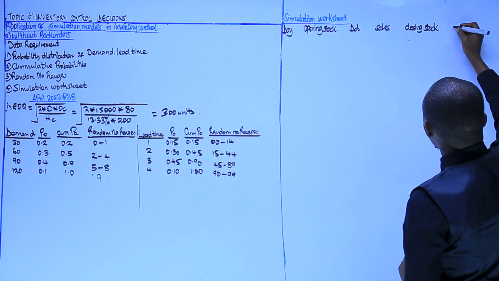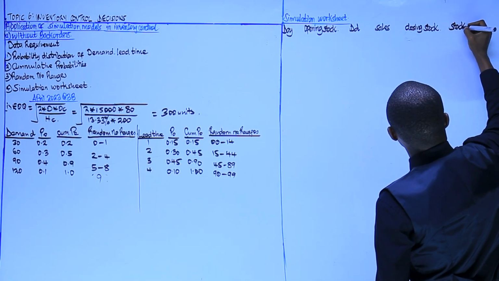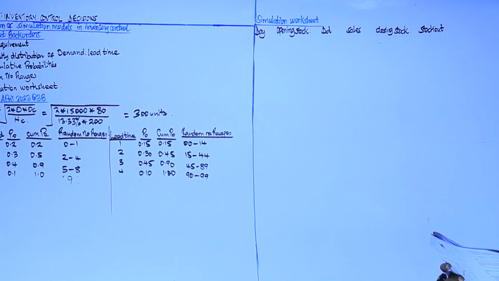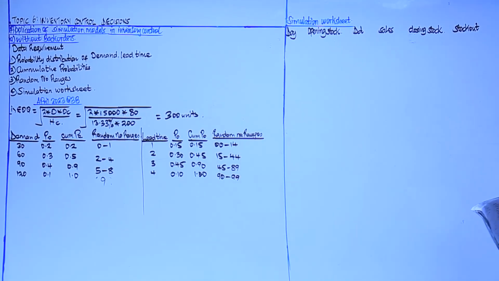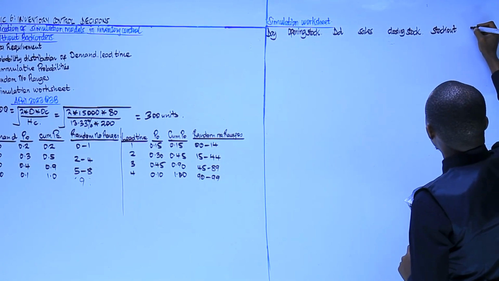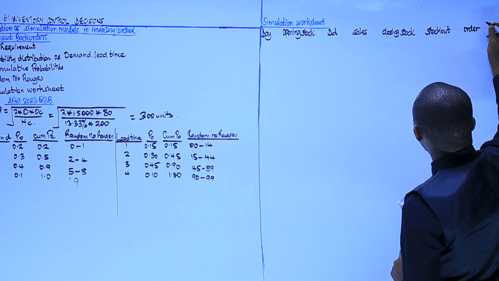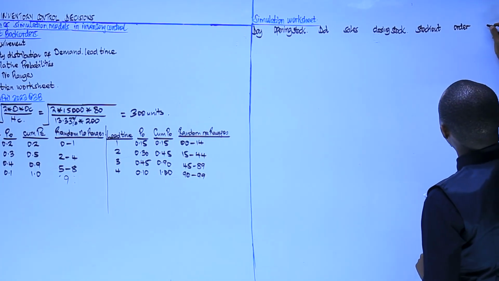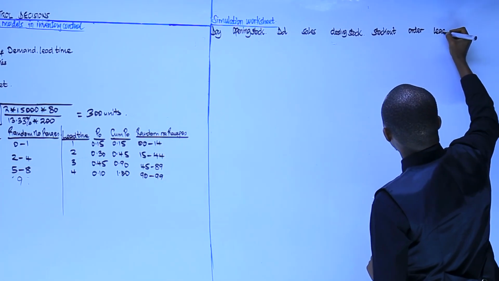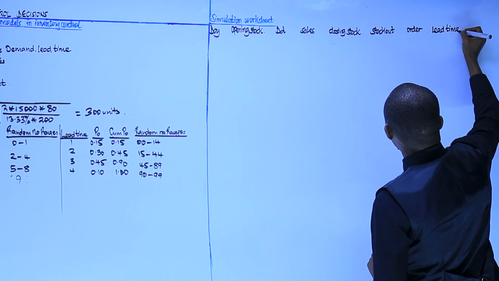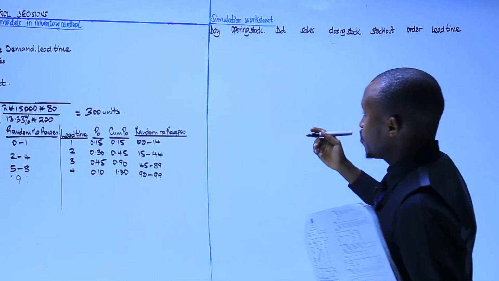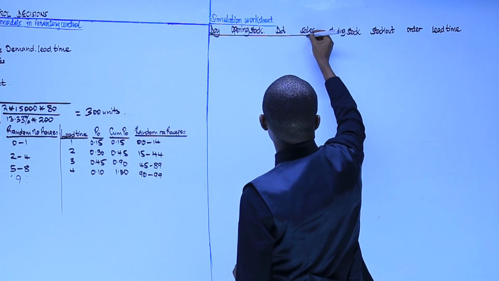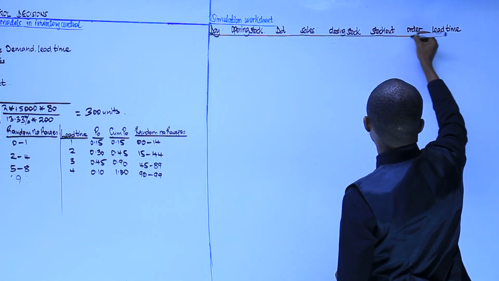Then, in case there is a stock out, in this question you do not have any back orders. Stock out, then you need to order. After you order, you will have your lead time. That is how a simulation worksheet looks.